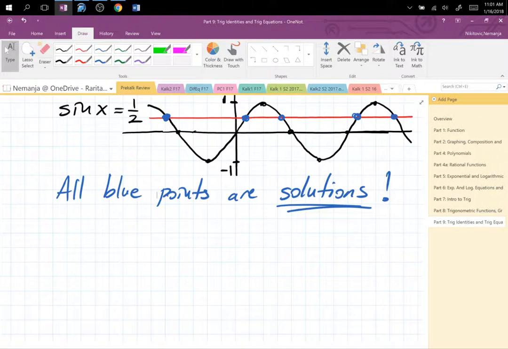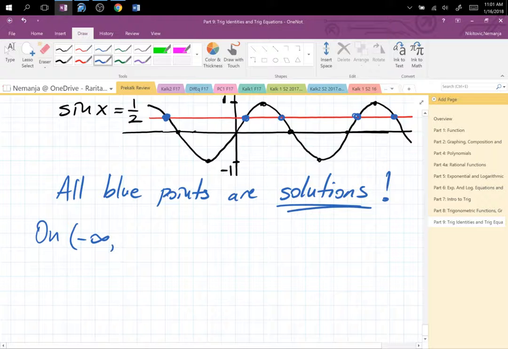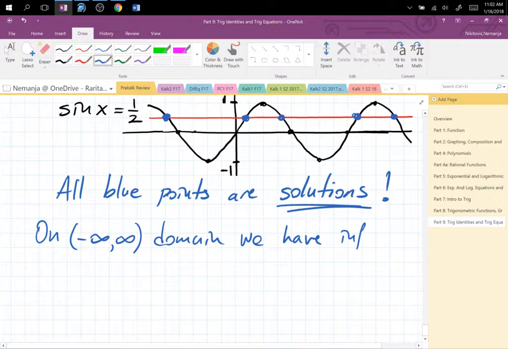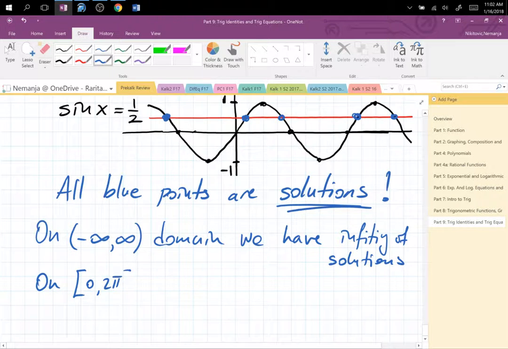So the blue points are the solutions, and I'll say on negative infinity to infinity domain, we have infinity of solutions. On 0 to 2 pi domain, we have two solutions.